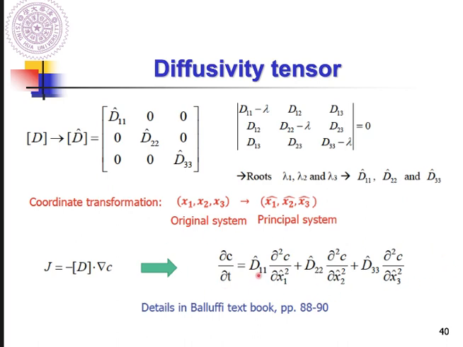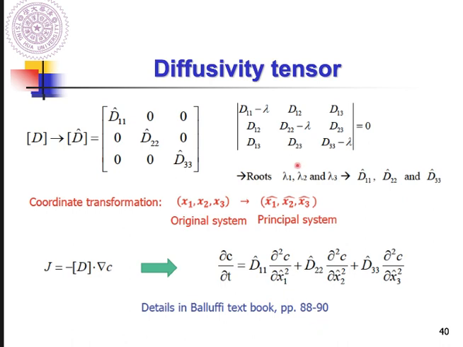You only have a D11 hat along x1, with the second derivative with respect to x1, and likewise with respect to x2 and x3. The details can be found in the textbook, pages 18 to 19.